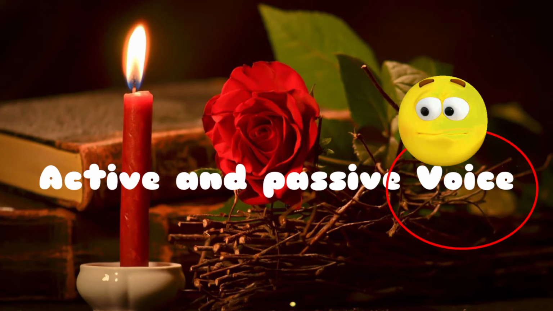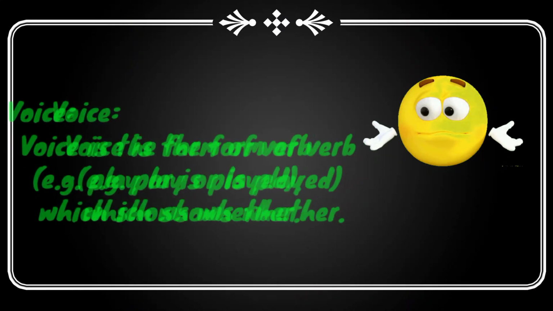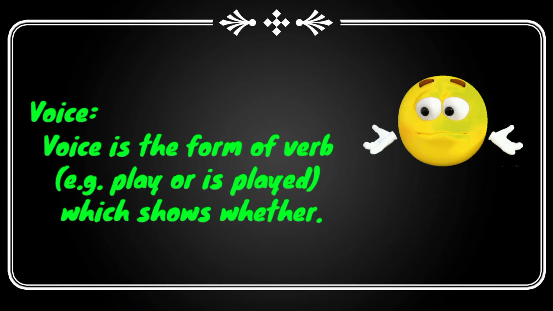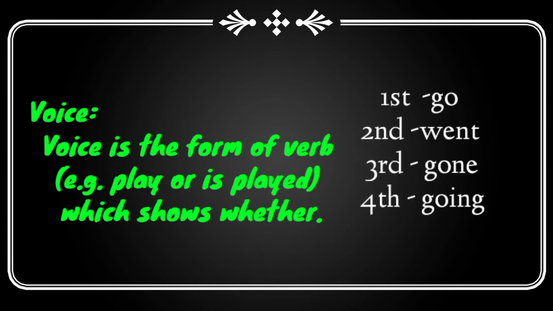Okay, so I tell you voice. Voice is the form of verb. For example, play or is played. The verb has forms like first form, second form, third form. So, in passive voice, the base form of the verb changes into the third form of the verb.